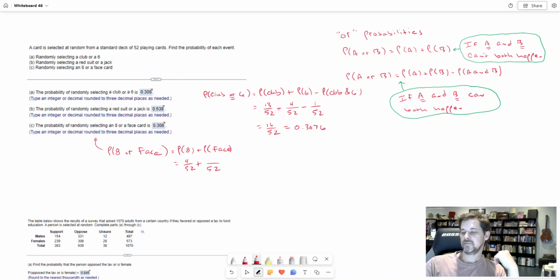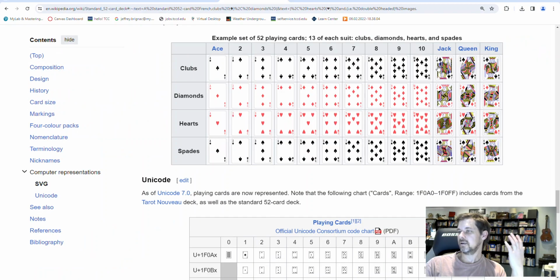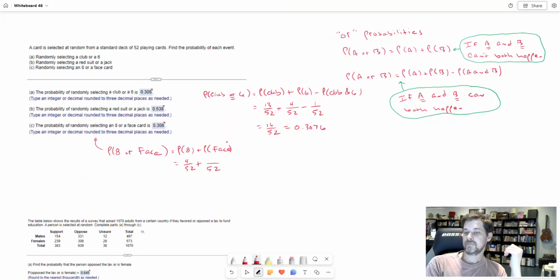Well, there are 3, 6, 9, 12 face cards total. So I get 12 out of 52. So 4 out of 52, 12 out of 52. If I add that together, I get 16 out of 52. And if I use my calculator again, I'll get 0.3076. That's why that answer rounded to 3 decimal places is 0.308.